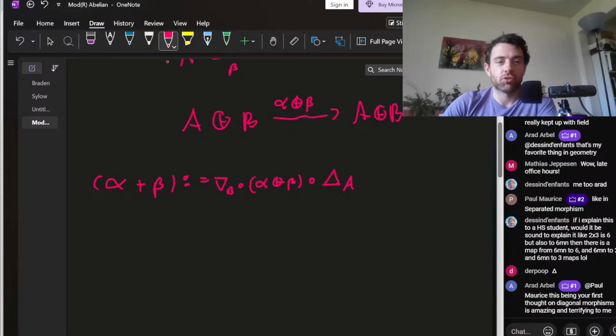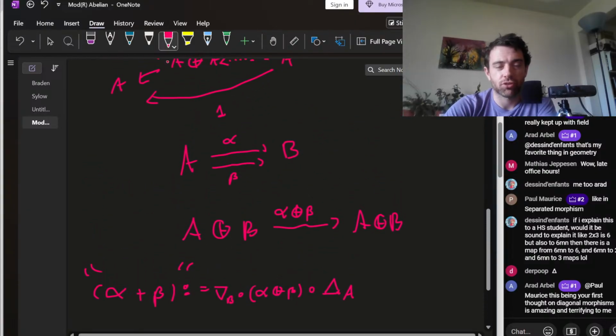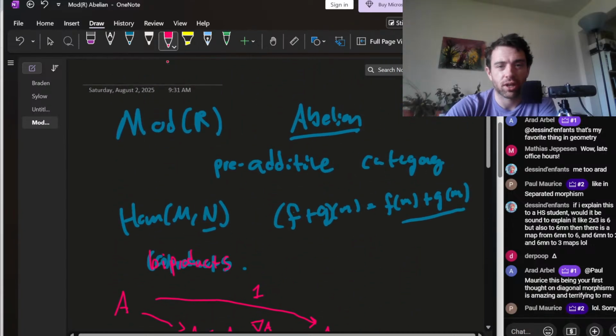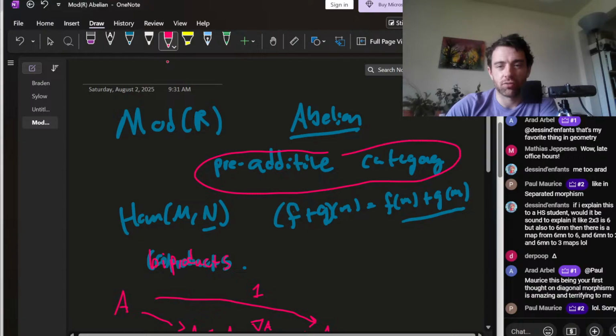And so it turns out that this defines an abelian group structure on all of your Hom sets in a way that's compatible with composition. So in other words, this makes our category into a pre-additive category.